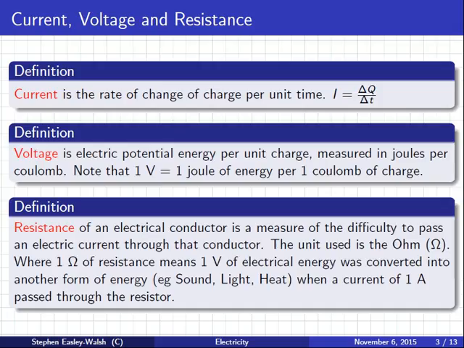Anything that uses the potential energy in the current is a resistor. We'll talk about this in more detail. But resistance just means a lot of the energy was changed. A high resistance means a lot of the energy was changed from the electrical to something else.